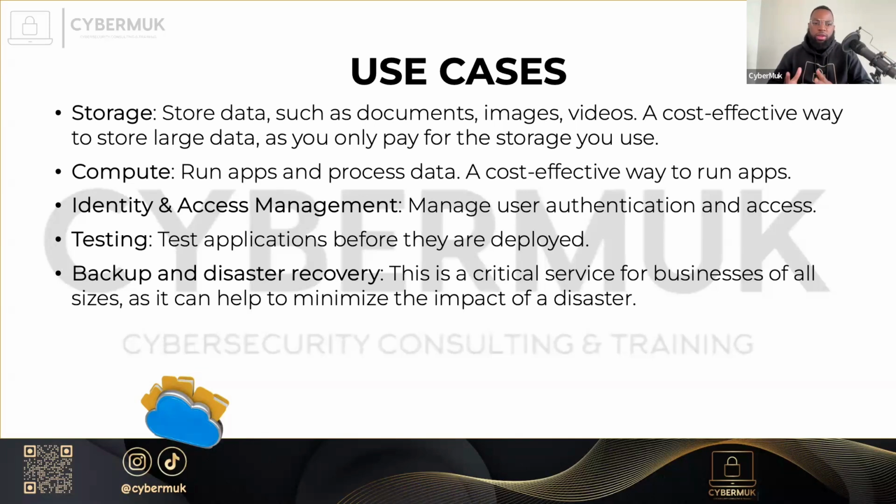So this is a kind of service that helps minimize the impact of a disaster. If there is a damage, if there is a problem, you can use your cloud data and services to keep the business running while you're trying to get things back up to speed. So you can use the cloud as a backup and disaster recovery. While you recover from a disaster, you use the cloud service. So this is an overview of the cloud, what it is, why it's needed, and how it can be used.